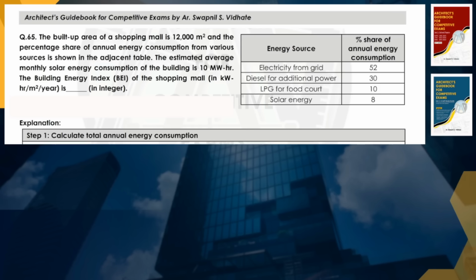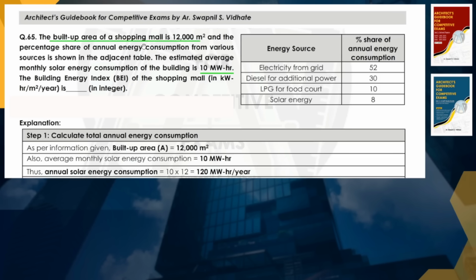Step 1, we will calculate the total annual energy consumption. First the built up area has been provided as 12,000 meters square. Also the average monthly solar energy consumption is mentioned as the estimated average monthly solar energy consumption of the building is 10 megawatt hour, right?